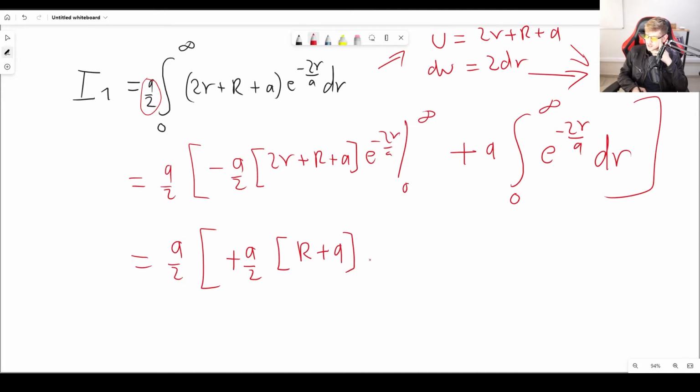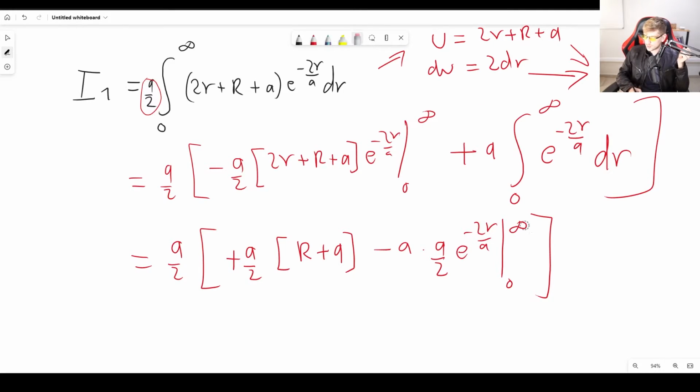And then we have this integral, which will be minus a, minus because of this integral, we get a over 2 minus a over 2 when we integrate e to the minus 2r over a between 0 and infinity. And in this case, at infinity, once again, it goes to 0, but at 0, this thing is 1. So for that reason, the exponent goes away and this minus turns into a plus, right? Because it's minus the evaluated at 0.